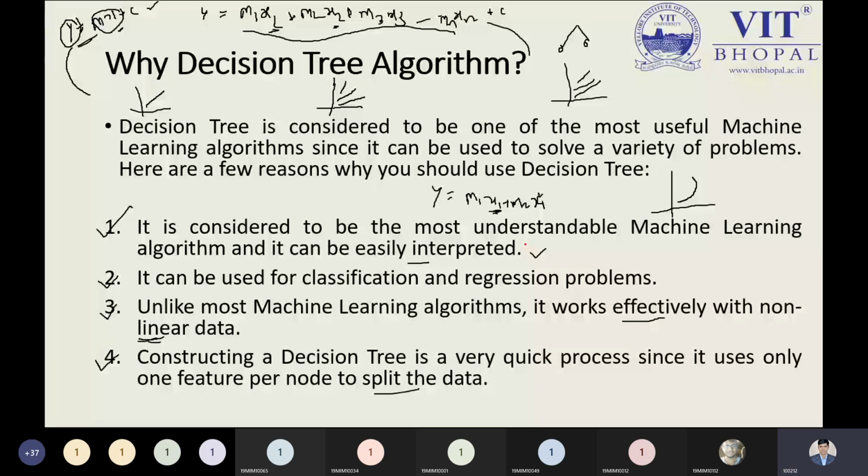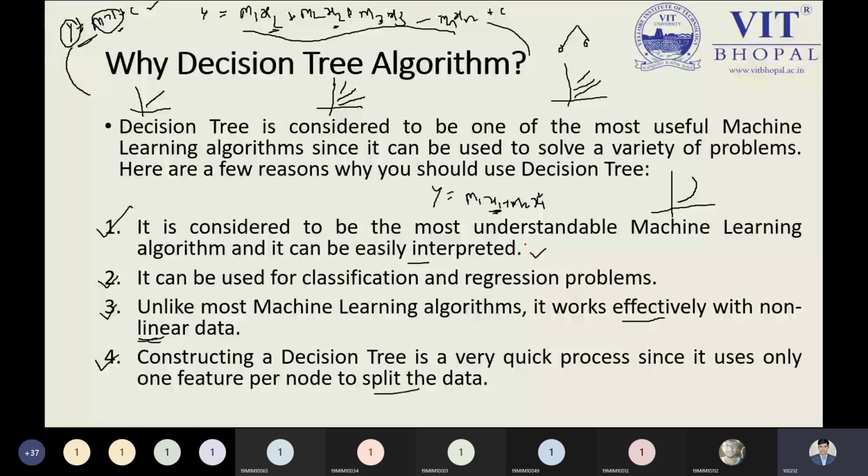It is considered to be the most understandable machine learning algorithm, and it can easily be interpreted. How can we say that? Because in machine learning we can represent our information in two ways, either yes or no, true false, or in the way of regression. So based on a dependent or independent variable approach you can do it.